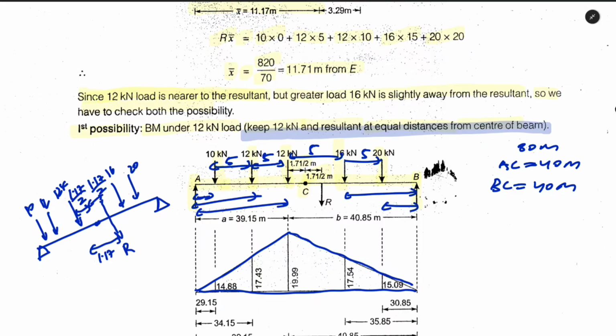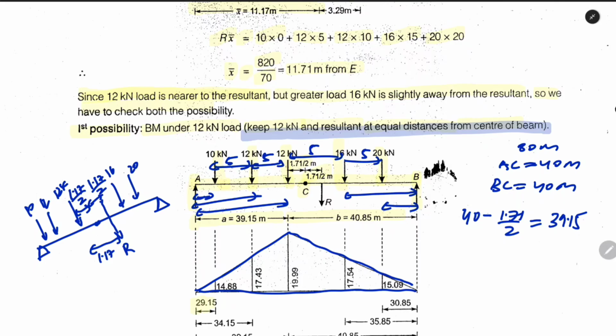If I have to find the distance for this 12 kilonewton load, it will be 40 minus 1.71 by 2, which is approximately 39.15. So this is our point A distance, A is 39.15, and B will be 80 minus 39.15, that is 40.85.